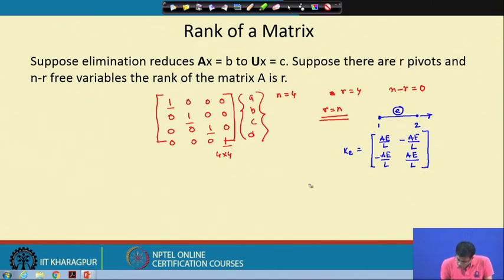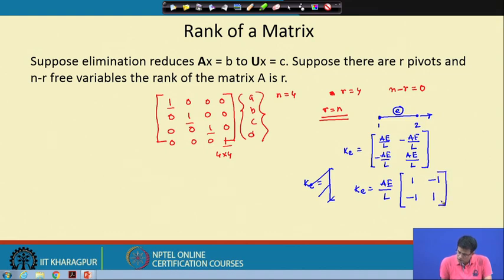So if I write it now, this Ke is essentially AE by L; if I take that outside, then the matrix becomes 1 minus 1, minus 1 1.